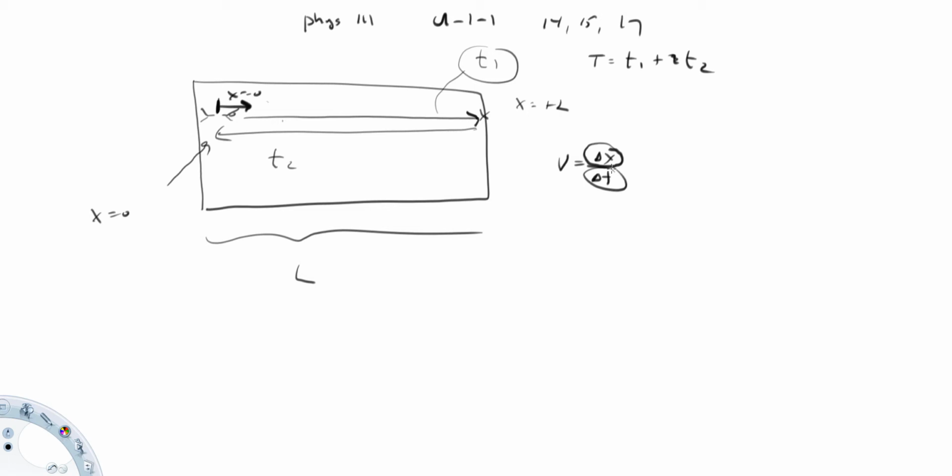Part C, when you do the average velocity for part C, that's for the entire trip. Well, keep in mind the swimmer starts here and they finish here, and that's kind of a conceptual question basically. Part D, now it says to find the average speed. Now speed and velocity are slightly different. Speed is the magnitude of your velocity.